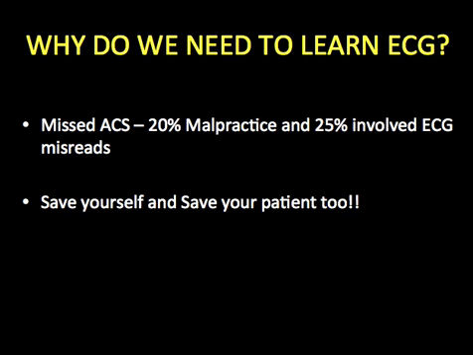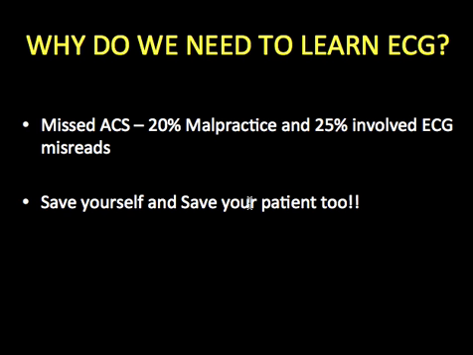So before we jump into the steps of reading the ECG, let's understand why this is important for us as emergency physicians. Missed ACS accounts for about 20% of the malpractice, and 25% of these cases involve misreads of ECGs. It can be because of a delayed diagnosis, or because of a missed finding on the ECG. So it is important for us to know this, to save us and to save our patients as well.